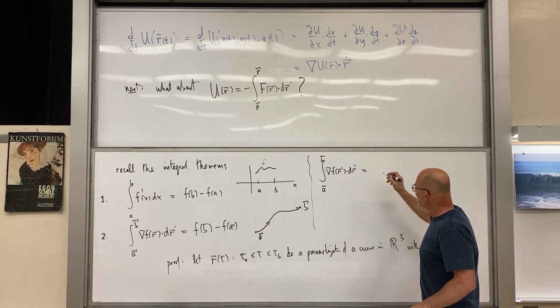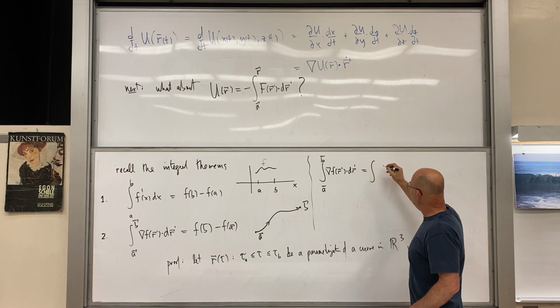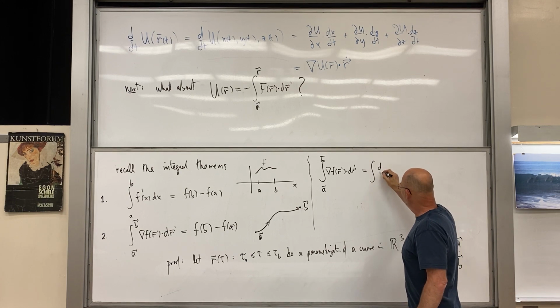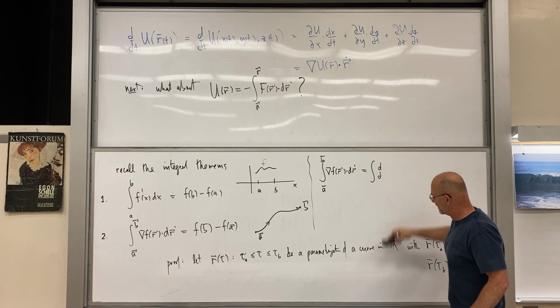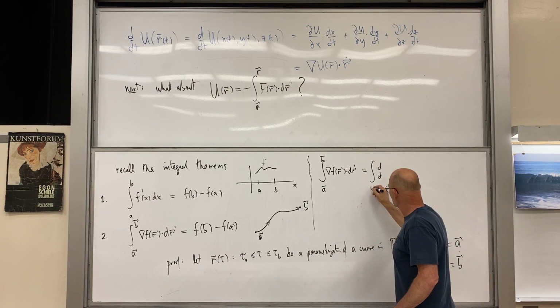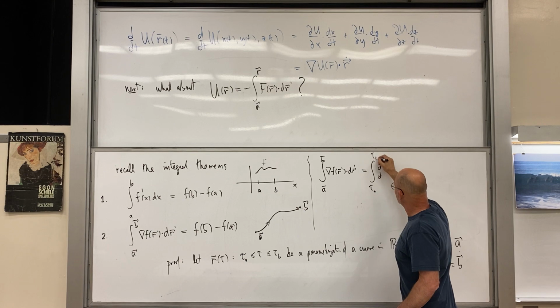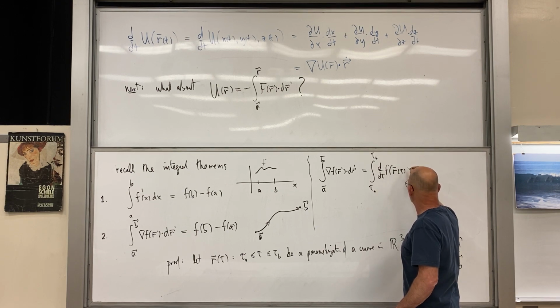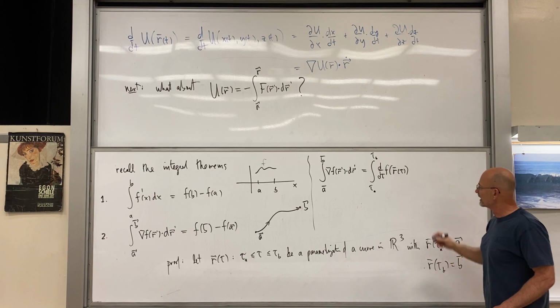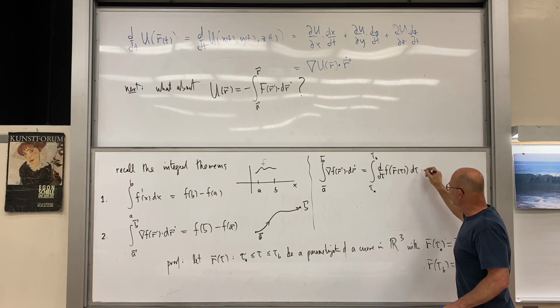So that would be the integral of d over d tau, using tau, from tau sub a to tau sub b, of f of r of tau, d tau.